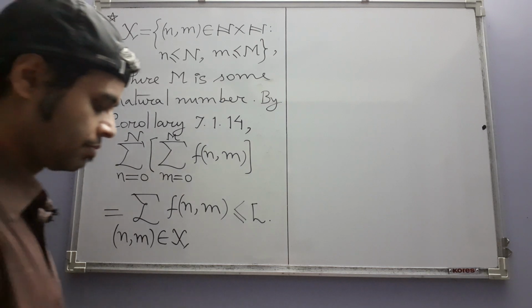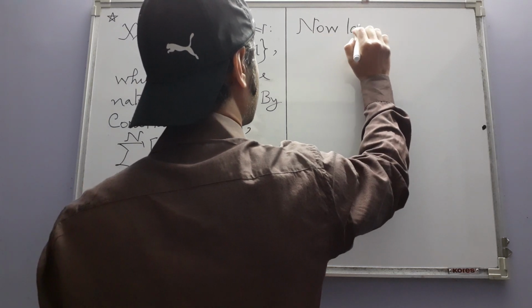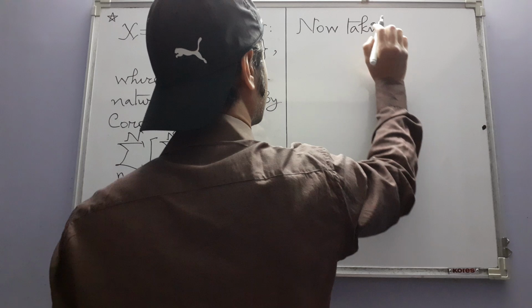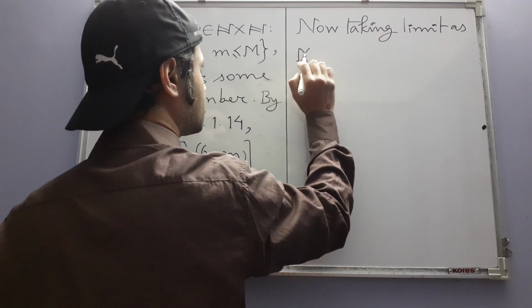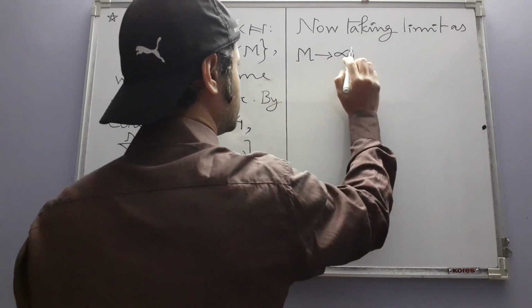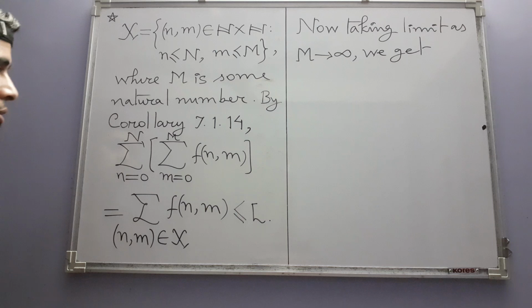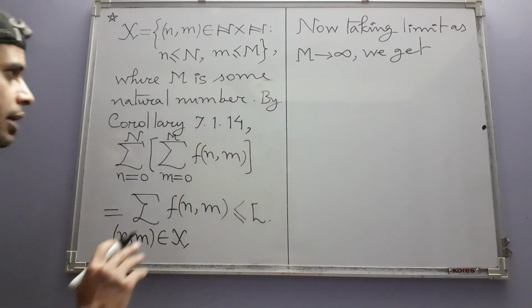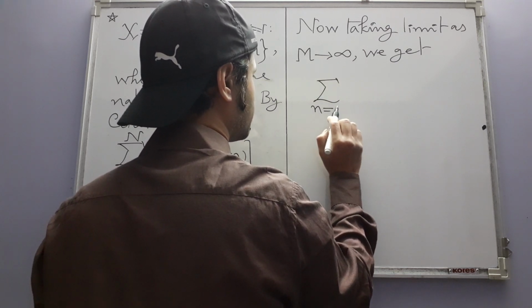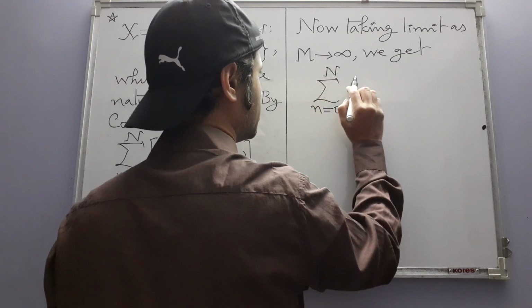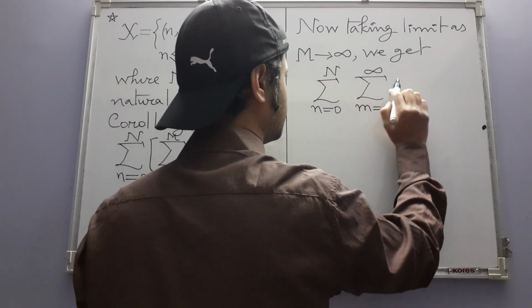Now, taking the limit as M approaches infinity, we get, okay, so at once I will write this: the summation n equal to 0 to N of the summation m equal to 0 to infinity.